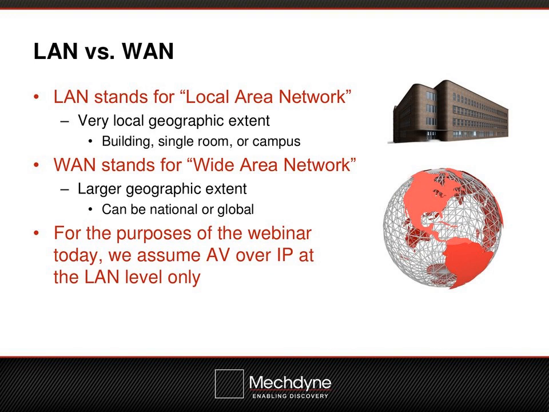When you talk about WAN, however, this is a much larger geographic extent. When you start to get statewide or national or global, you're definitely into a wide area network at that point. AV over IP can be used in a WAN situation, but that's a little bit different scenario than what we're going to be talking about today. For the purposes of our webinar today, we're going to assume AV over IP at the LAN level only, so a much smaller geographic extent.